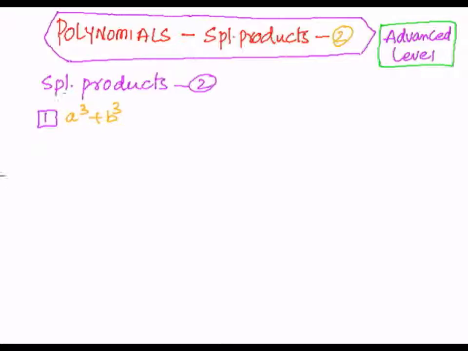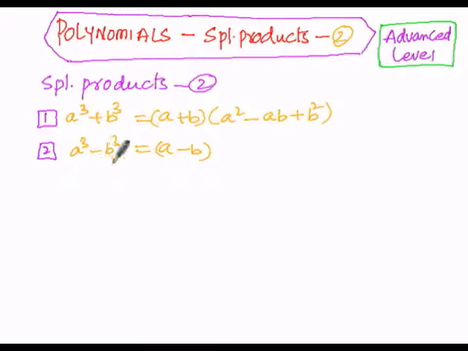Under this group 2, one is a cube plus b cube, which is equals to a plus b into a square minus ab plus b square. This is the first one, whereas the second one is a cube minus b cube, which is equals to a minus b into a square plus ab plus b square.